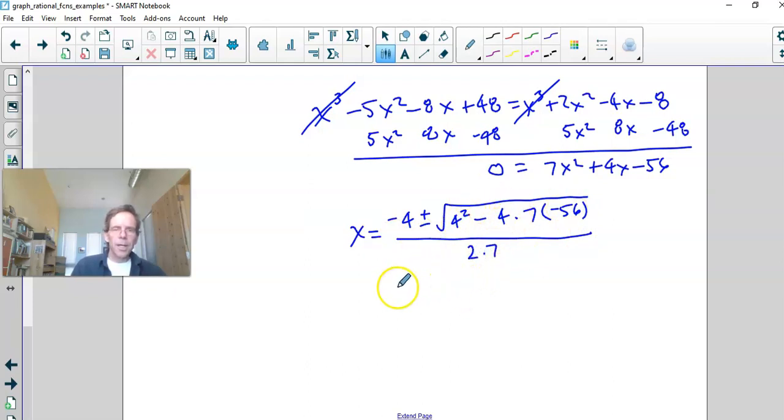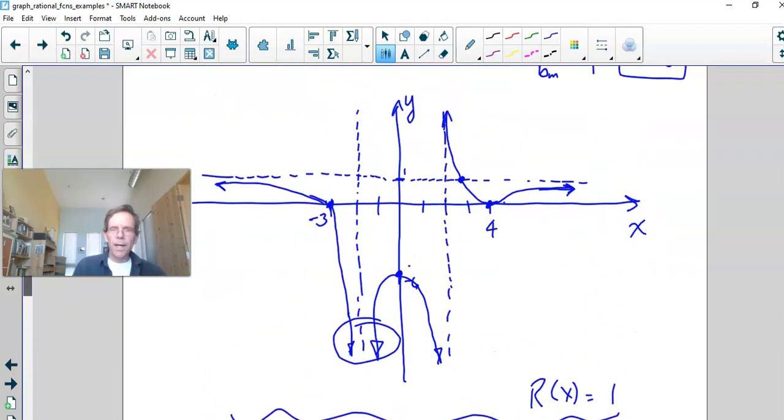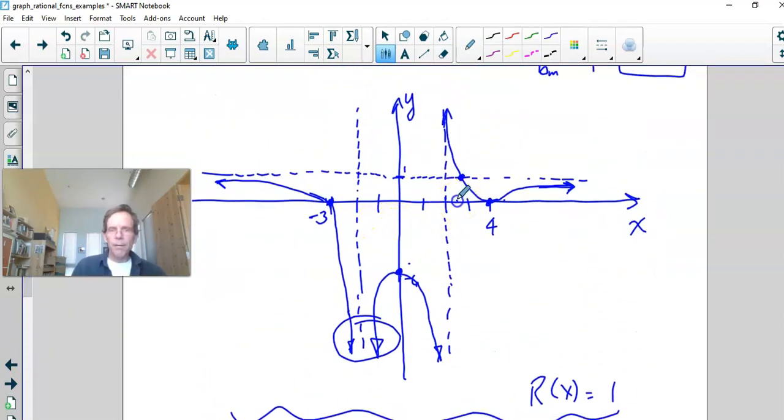I'll just put this in a calculator. And what I got was approximately negative 3.1 and 2.5. Hey, that kind of fits with what we have, right? About 2.5. It's not exactly 2.5, but close.